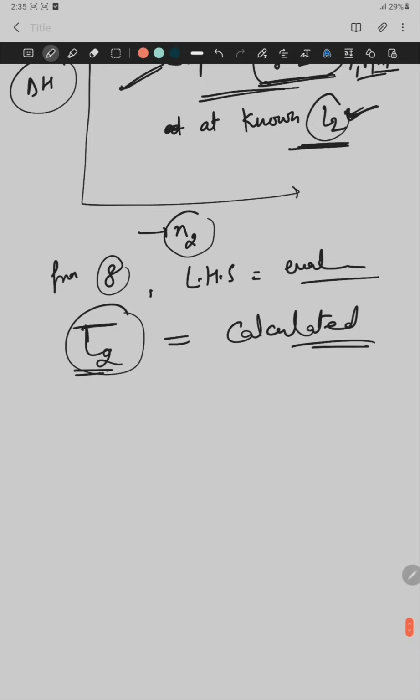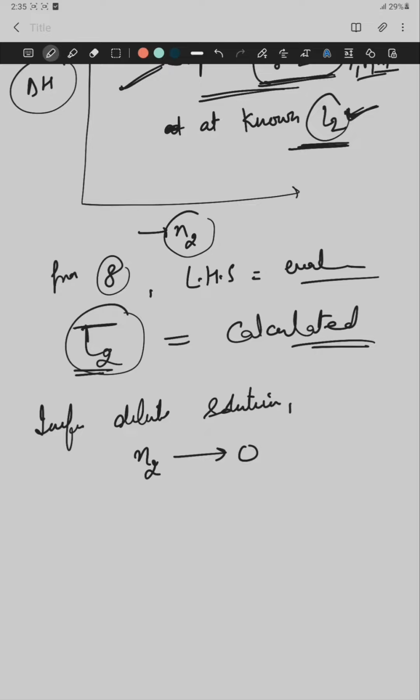Suppose we are taking infinitely dilute solutions. In very dilute solutions, the concentration of solute is 0. So you can take the number of moles of solute approaching 0. Not exactly equal to 0, but very close to 0.